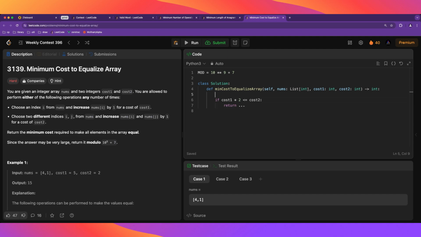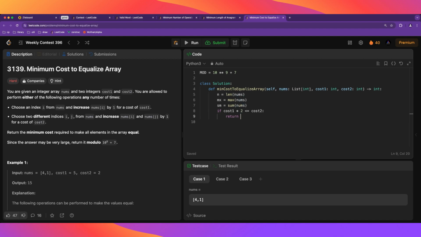And so how many do we have? Well, let's take the maximum. We want to take all of them to the maximum, right?